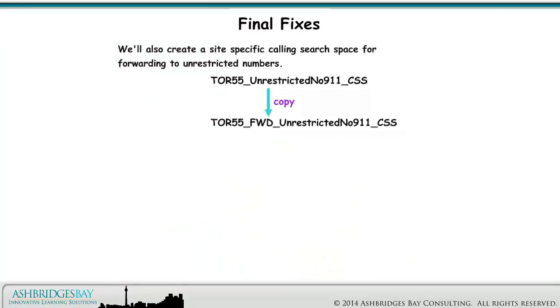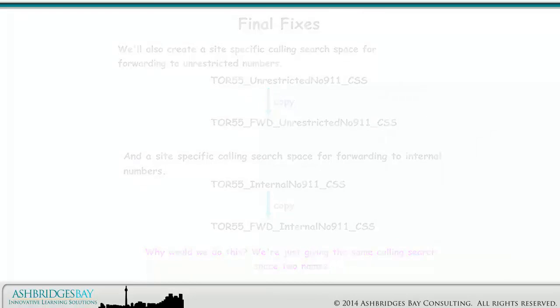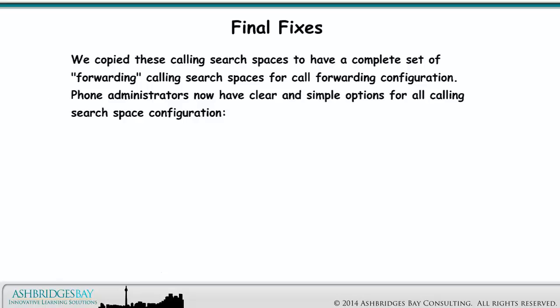We'll also create a site-specific calling search space for forwarding to unrestricted numbers, and a site-specific calling search space for forwarding to internal numbers. Why would we do this? We're just giving the same calling search space two names. We copied these calling search spaces to have a complete set of forwarding calling search spaces for call forwarding configuration.